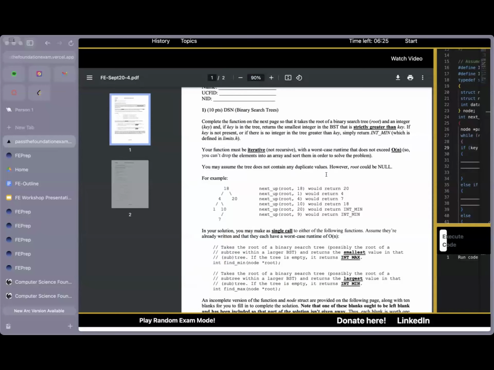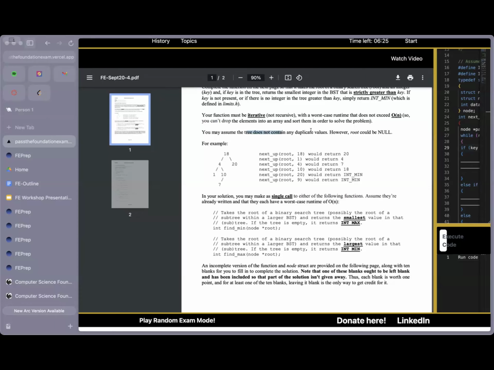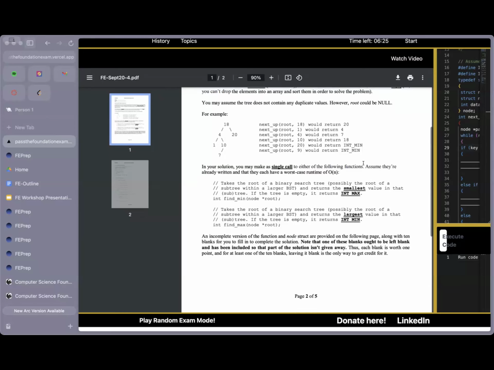If key is not present or if there is no integer in the tree greater than key, simply return int min, which is defined in limits.h. Your function must be iterative, not recursive, with a worst case runtime that does not exceed O of n. So you can't drop the elements into an array and sort them in order to solve them. You may assume the tree does not contain any duplicate values. However, root could be null.